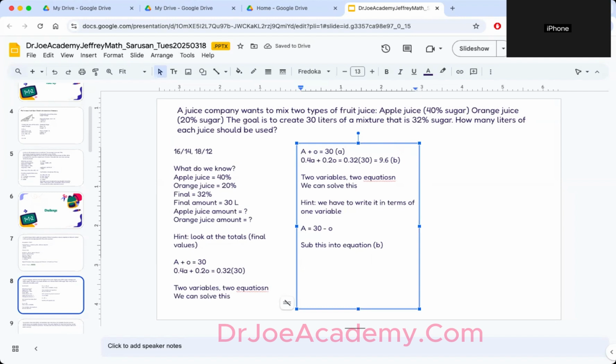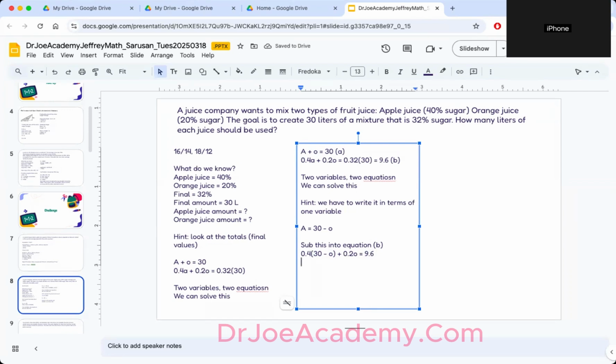Okay, 0.4 times 30 minus O plus 0.20 equals 0.32 times 30. Is that right? Yep, perfect. Excellent. Everything is very well done. You can also just simplify it to 9.6 because we already found that. This step right here of subbing it in is vital. Now, what is the next step?